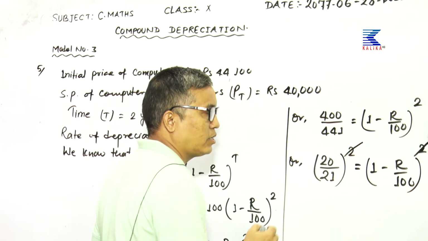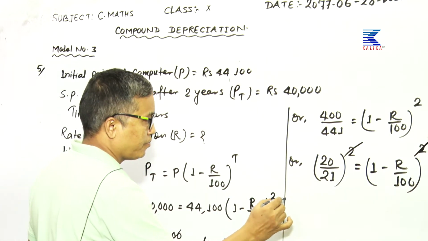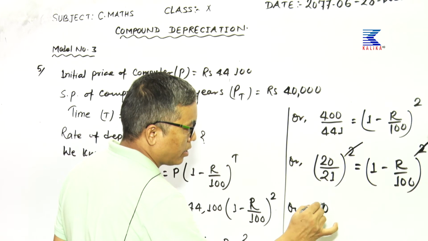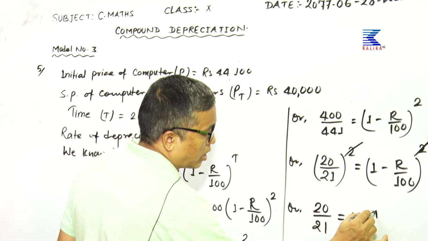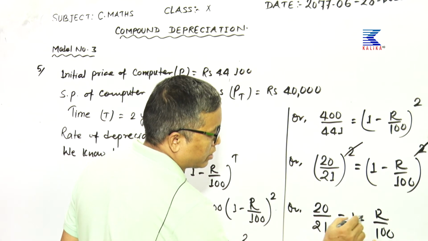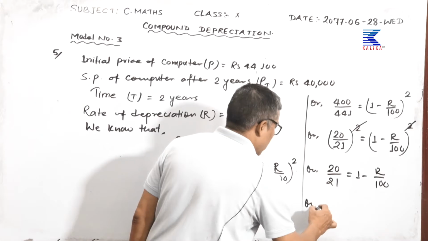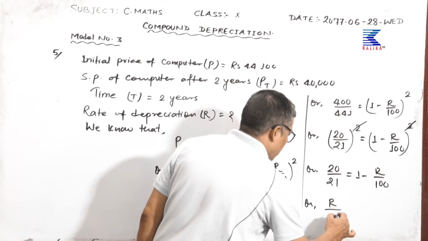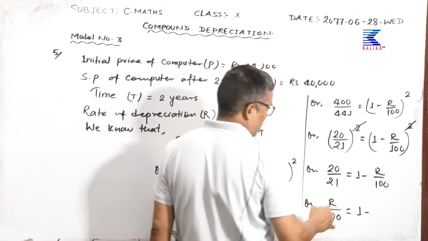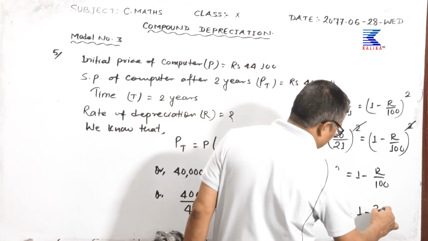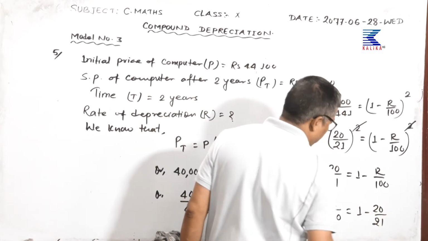The 2 and 2 cancel, and the remaining 20 by 21 is equal to 1 minus R by 100. Then R by 100 on the left side will be positive, 1 minus 20 by 21 on the right side. Clear?